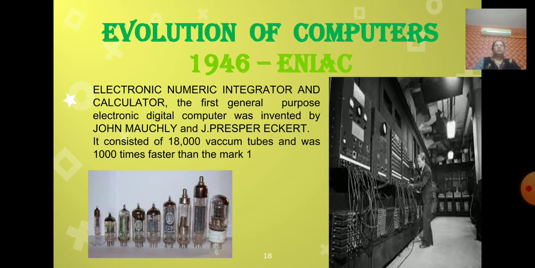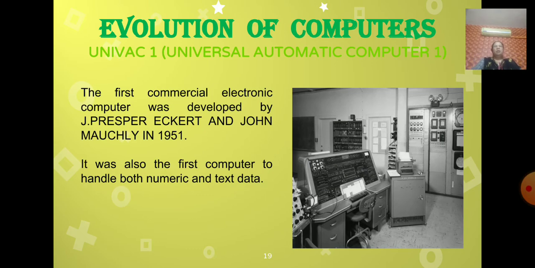So the computers were very big, because you can see the vacuum tube size. This computer consists of 18,000 vacuum tubes in one computer, right? It is 1,000 times faster than the Mark I. Now next, UNIVAC, that is Universal Automatic Computer.